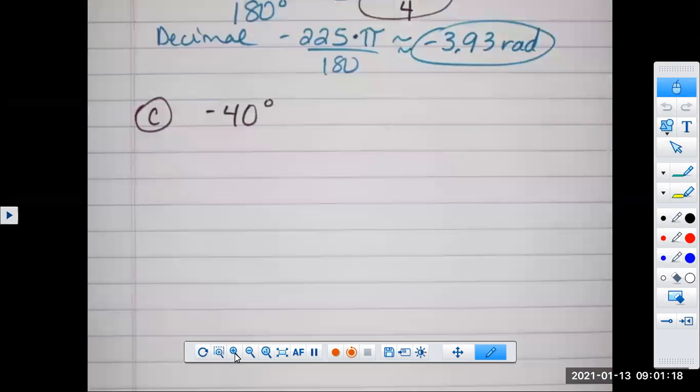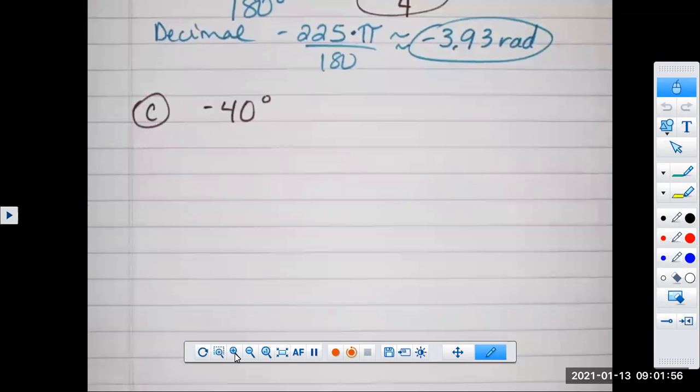Just tell me what it is in radians in terms of pi. Close.